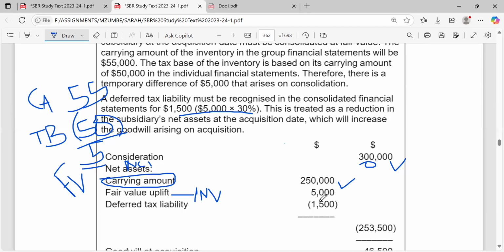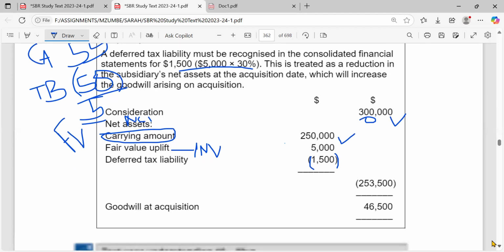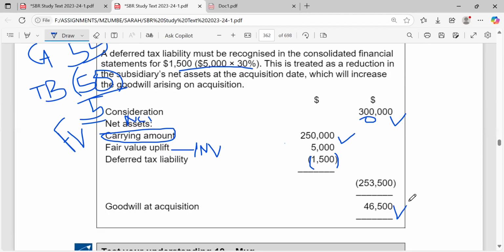Net assets have a credit nature, so by debiting net assets, you are reducing the net assets this way. So you get this figure here, and then you deduct and get the goodwill at the acquisition at this figure. So goodwill at the acquisition may well be affected by the deferred tax effects on goodwill. Yeah, that's all. And then I think we can proceed more.